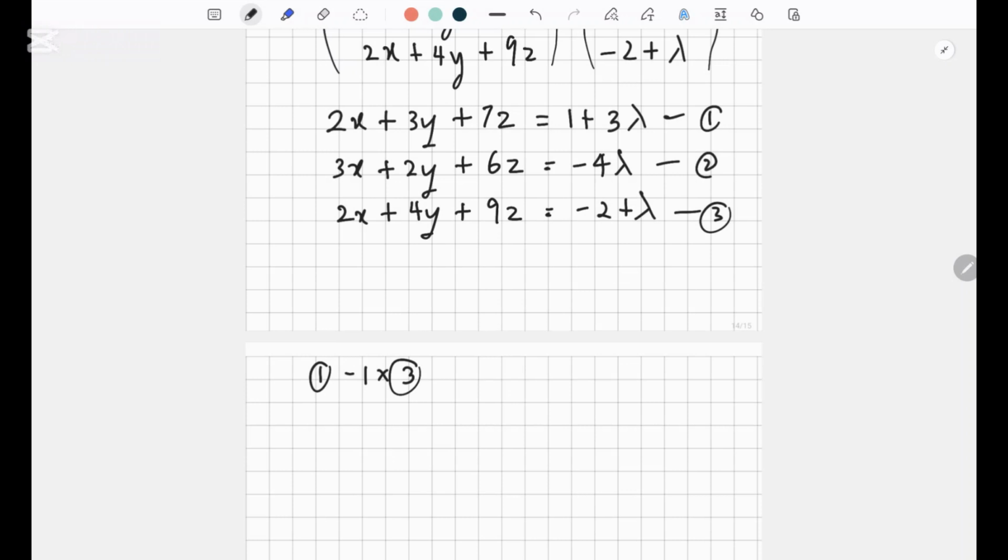So I'm writing 2x plus 3y plus 7z equals 1 plus 3 lambda, and minus 2x minus 4y minus 9z equals 2 minus lambda.